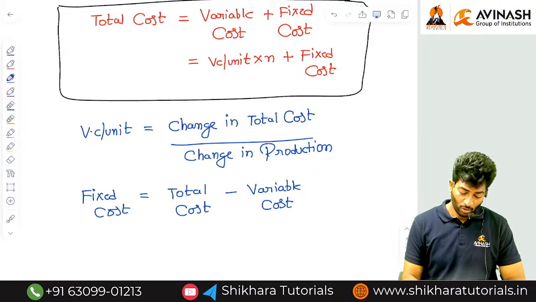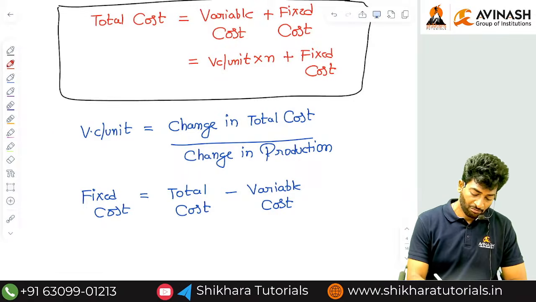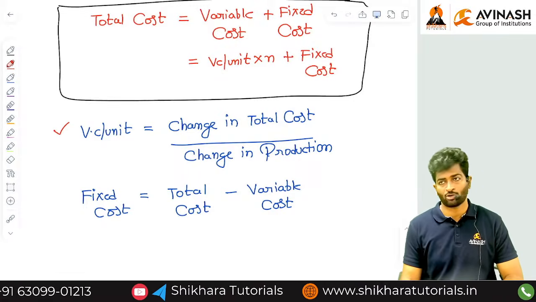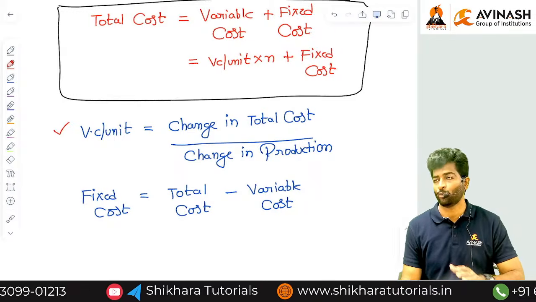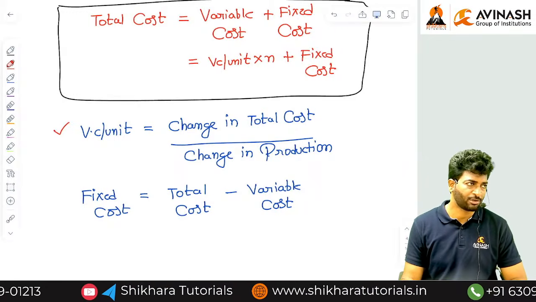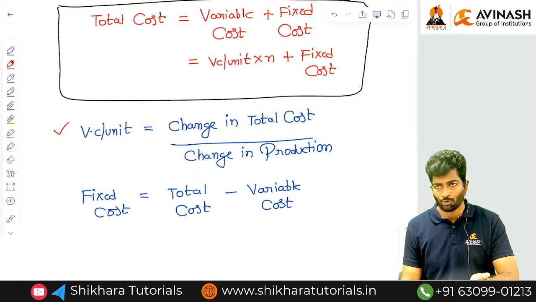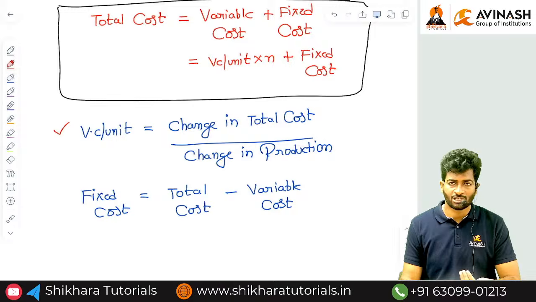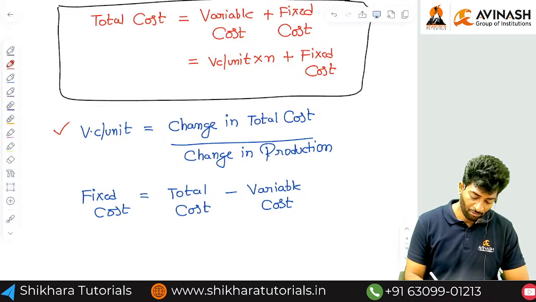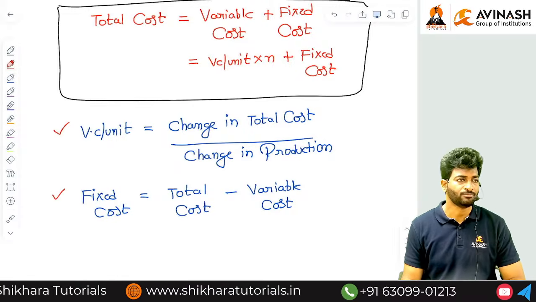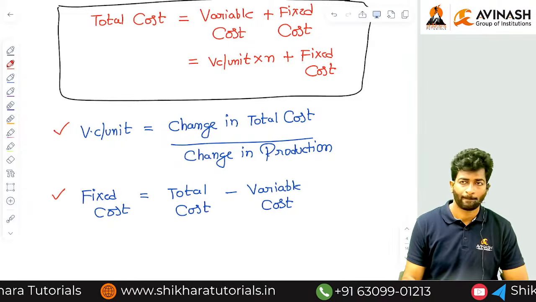So first you find variable cost per unit using this formula, change in total cost divided by change in quantity produced. After that, substitute in that equation to get fixed cost equal to total cost minus variable cost. Any doubts? Can I proceed?